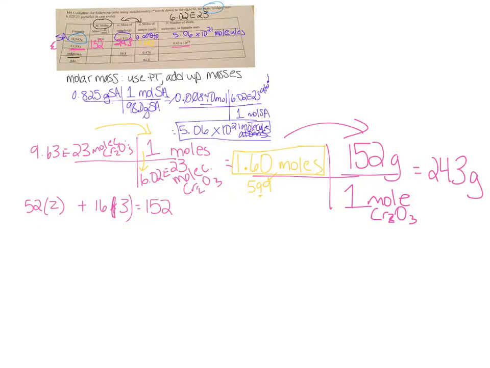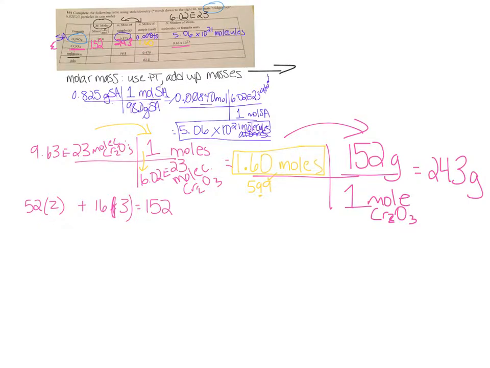Okay? All right. The next one, they're giving you a mass of sample and moles of sample. So this is kind of tough, but what you need to use on this one is the definition of molar mass. So we said use the periodic table, add up masses, but it's also, look at the word itself, okay?